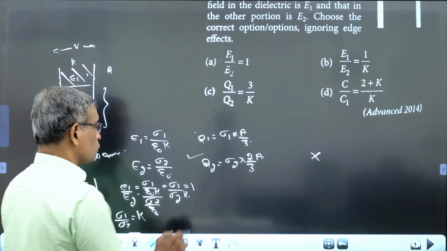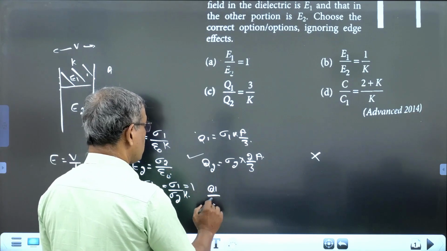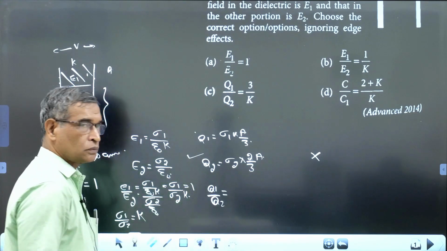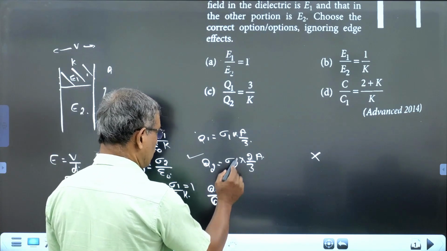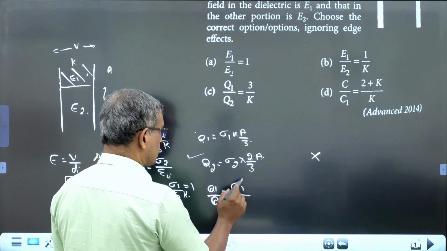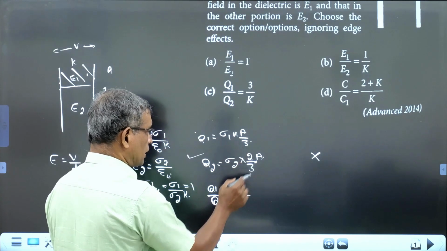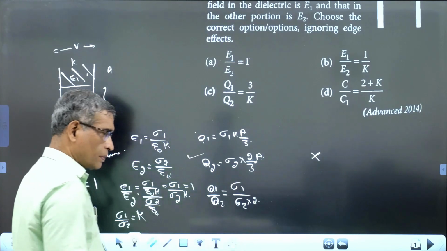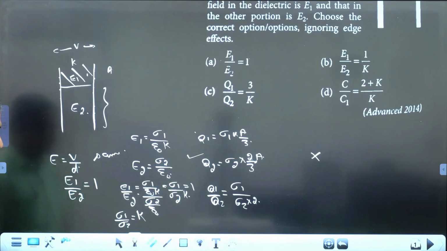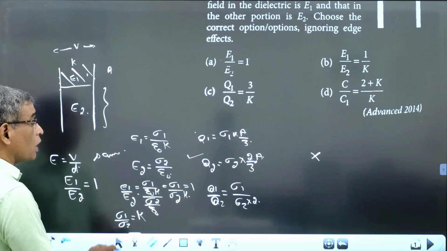Therefore, Q1 by Q2 is equal to sigma 1 into A by 3 over sigma 2 into 2A by 3; the A by 3 cancels out, leaving sigma 1 by sigma 2 into 1 by 2.